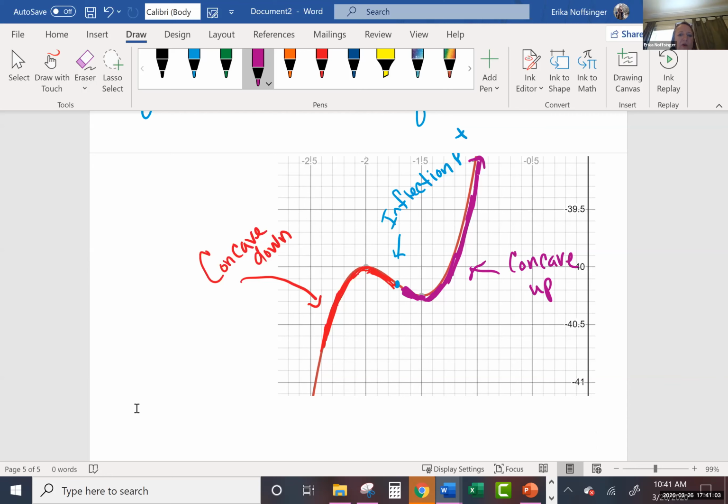And so finding out where it's increasing, finding out where it's decreasing, finding out max and min values, and then concavity. Some problems out, hold on.